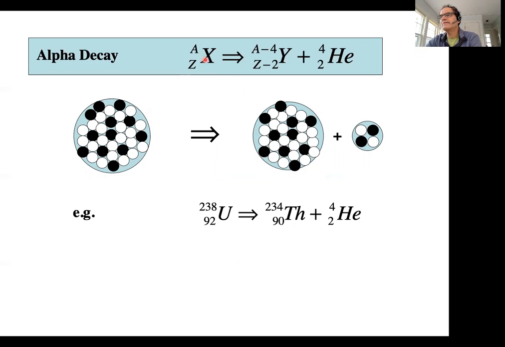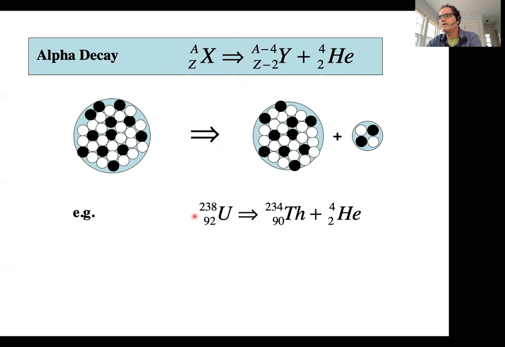The initial nucleus, we'll call it X with mass number A and atomic number Z, decays by emitting a helium-4 nucleus. And then just conservation rules tell us that when that happens, the mass number has to decrease by 4, obviously, and the atomic number has to decrease by 2. Now that tells us what the product nucleus will be.